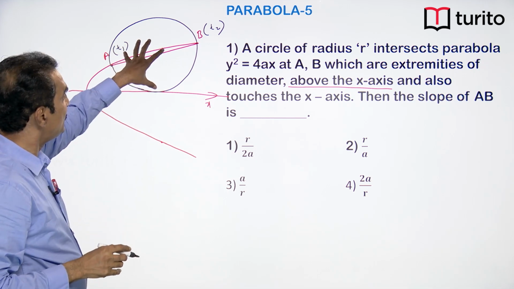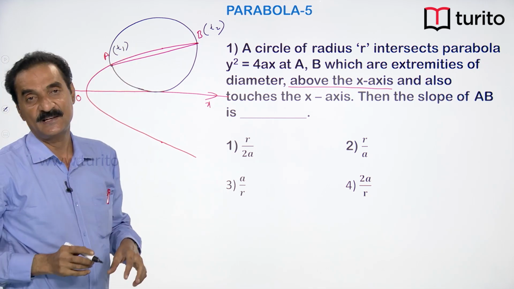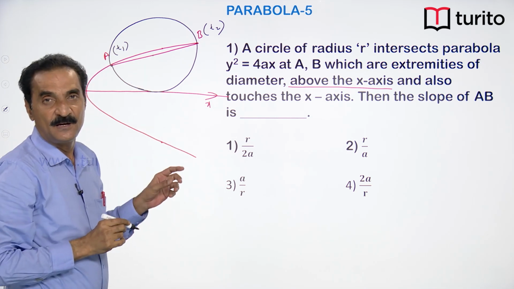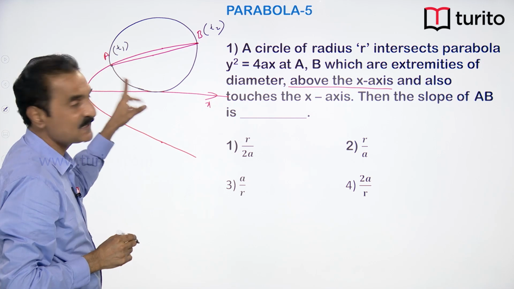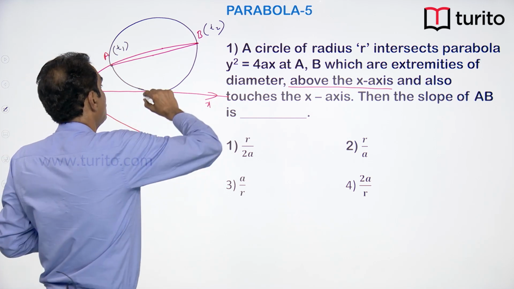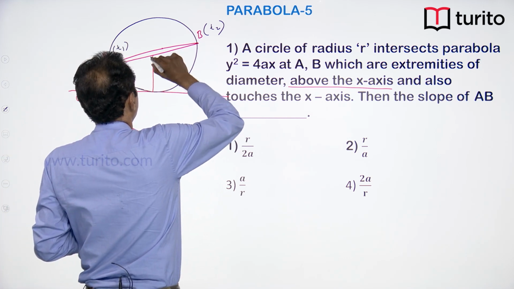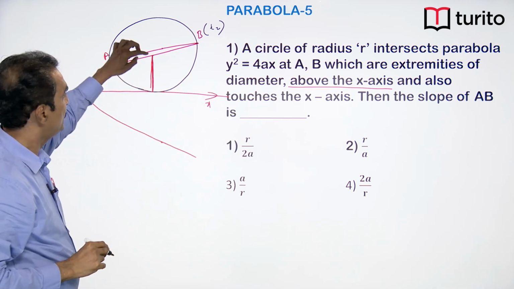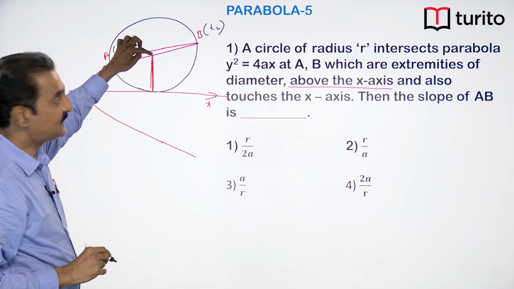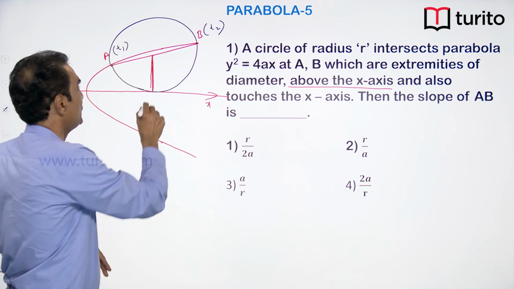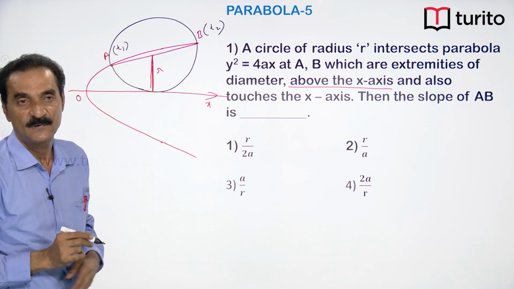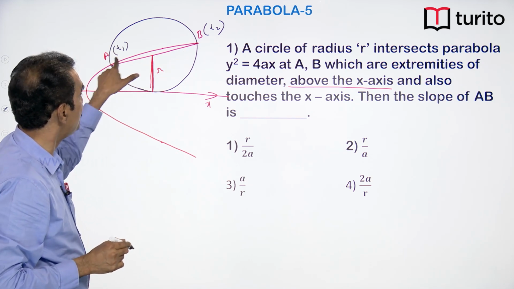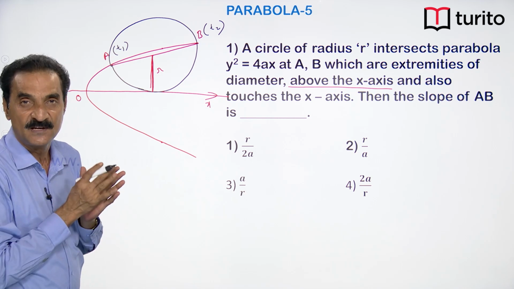If a circle touches the x axis, then the y coordinate of the center will be equal to the radius of the circle, is it not? So, this height will be the y coordinate of the center, equal to the radius R. But what is the y coordinate of the center? It is the midpoint of AB, because AB is the diameter.